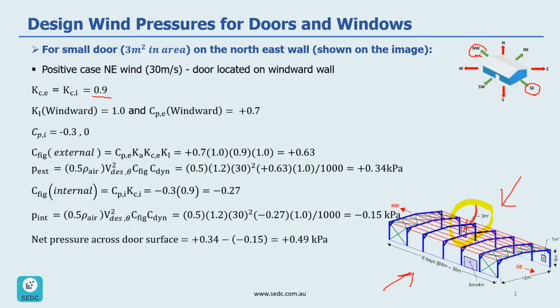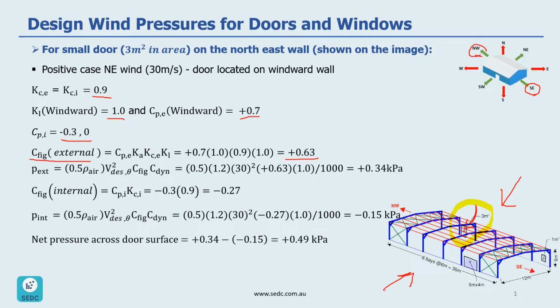KL for windward wall is 1. CPE again for windward wall is going to be positive 0.7. And CPI is negative 0.3 or 0.